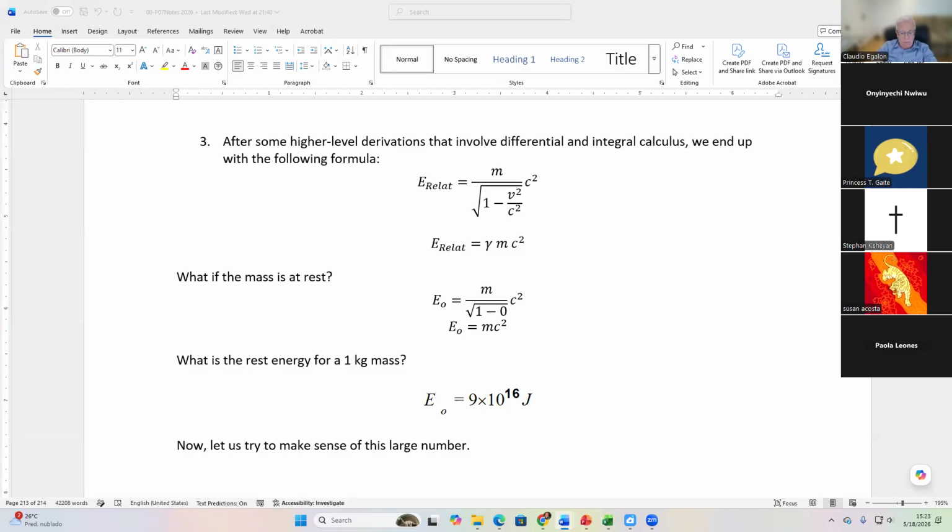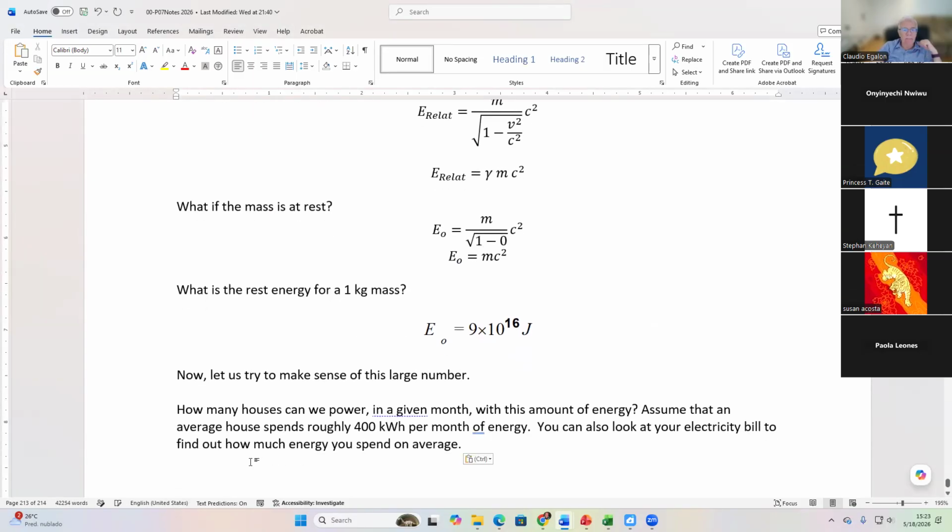How many houses, for instance, can we power in a given month with this amount of energy? Assume that an average house spends roughly 400 kilowatt hour per month of energy. You can also look at your electricity bill to find out how much energy you spend on average.